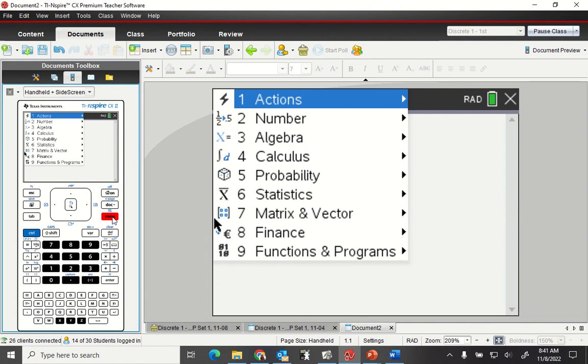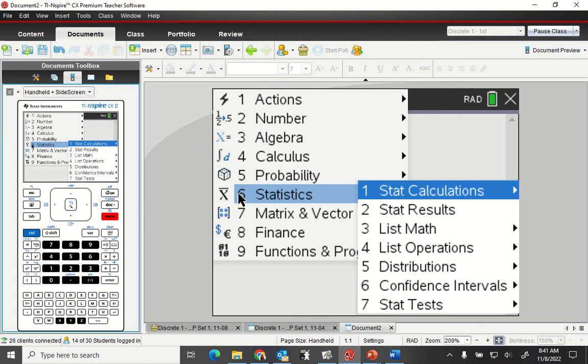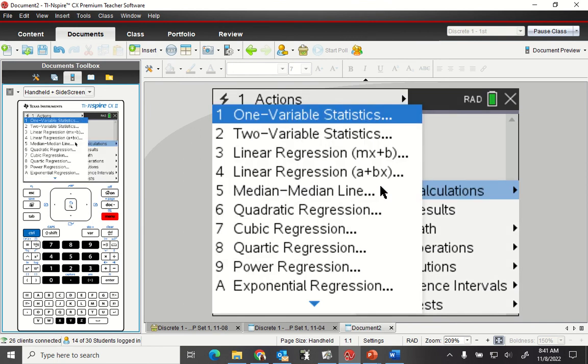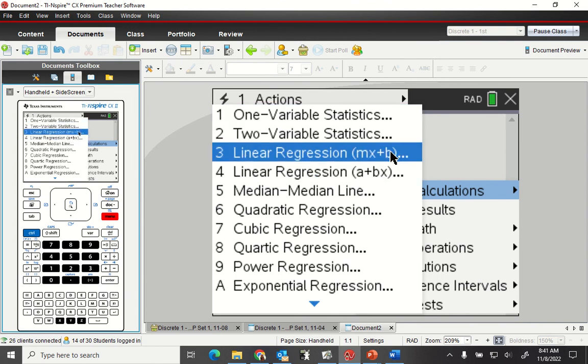So once we get to our calculator page, what are we trying to do here? We're trying to do statistics. Stat calculations. And what did we just do? We just did the linear regression, didn't we?